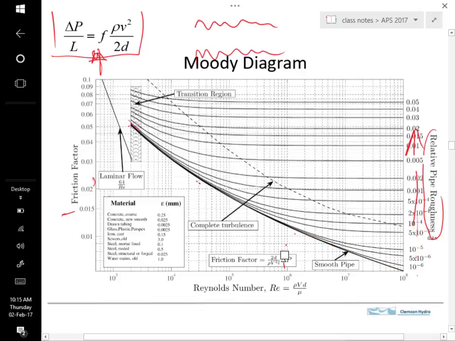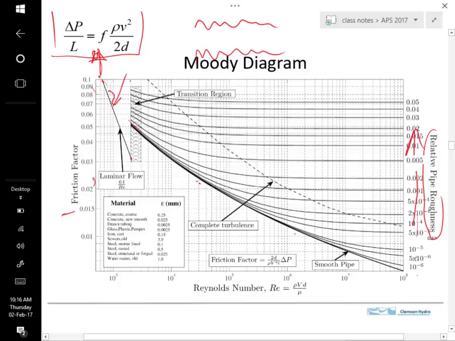Let's try to look at it in a little more detail, though, and see what's going on here. So at low Reynolds numbers down here, the curve looks like that. This is a log scale, so that's proportional to 1 over the Reynolds number. So what we saw before, where the friction factor is 1 over the Reynolds number, gives us a curve that looks like this.